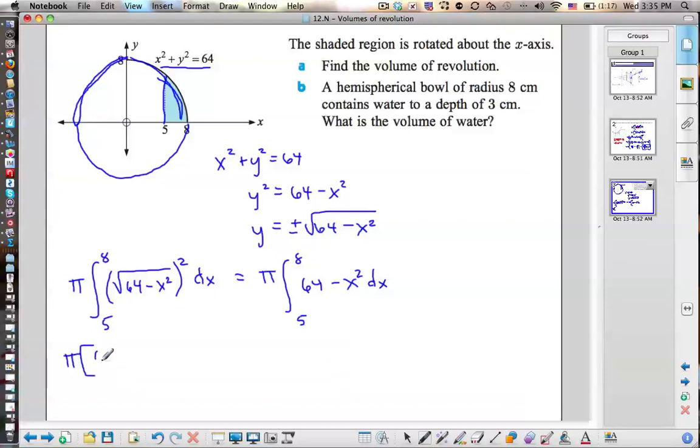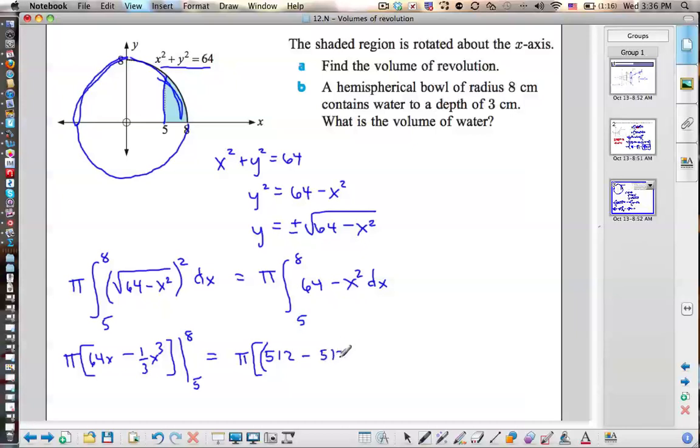Pi times 64x minus 1/3 x cubed, from 5 to 8. Okay, so let's plug in 8. So pi times 64 times 8, 512, minus 8 cubed, 512, divided by 3, gives me 512 over 3.